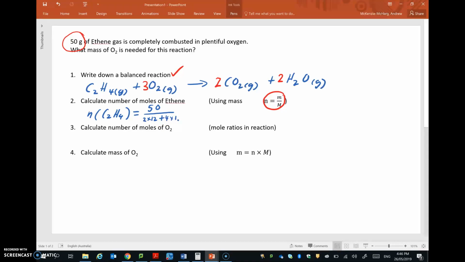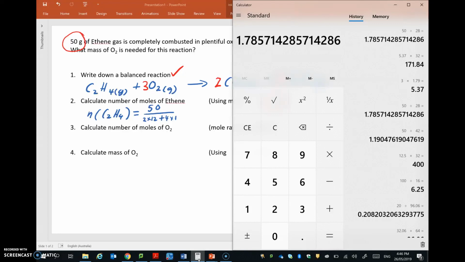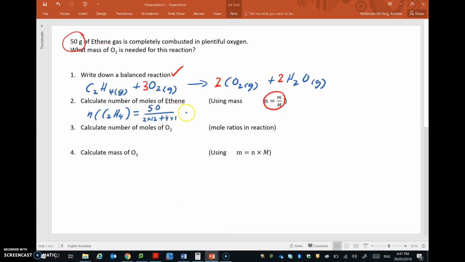So we're going to be doing 50 divided by 28. 1.79 moles, to three significant figures. So we'll start using those three significant figures now that we've learnt about those.